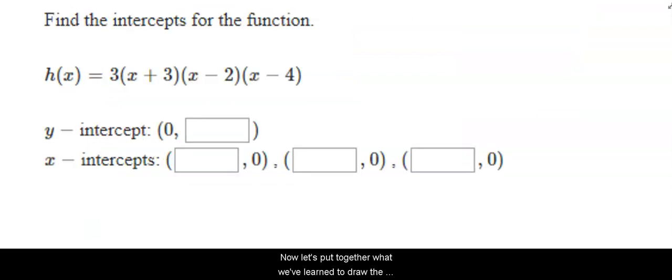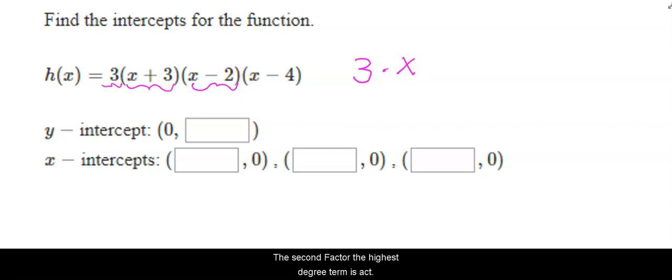Now let's put together what we've learned to draw the graphs of these functions. If I want to know what the leading coefficient and the degree is, I'll take each individual factor's highest degree term and multiply those together, including any powers on the outside. In this case, I'm going to take the 3 on the far outside because it is a factor, times, in the factor x plus 3, the highest degree term is x, so I'll multiply the x.